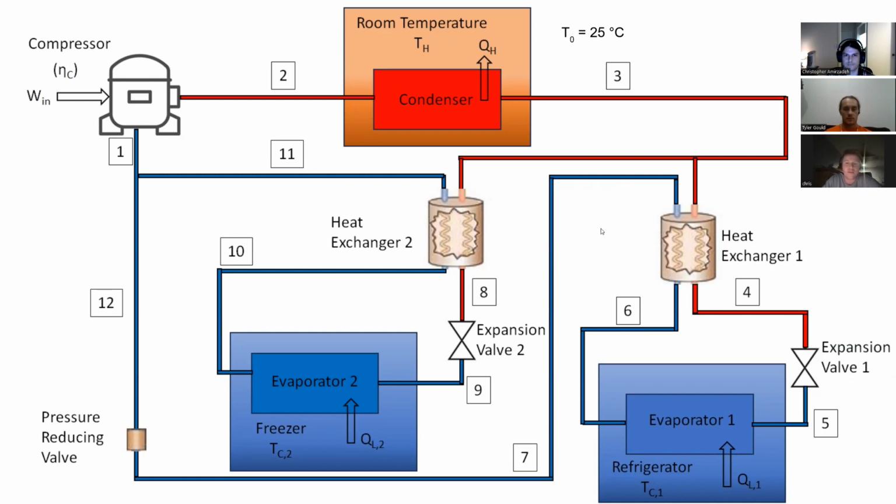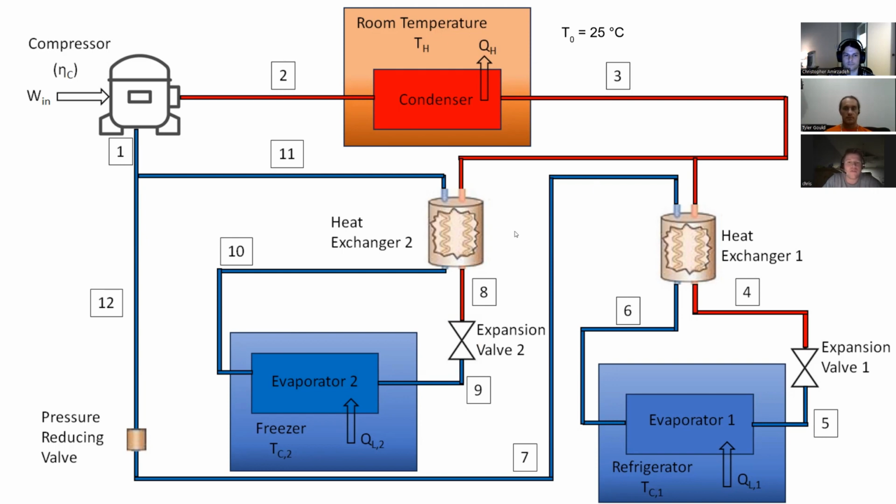Within the system, as you can see, we also have the two heat exchangers to transfer heat for the saturated vapor coming out of those evaporators. We've decided that the compressor is going to operate as non-ideal and operate at a 60% efficiency.